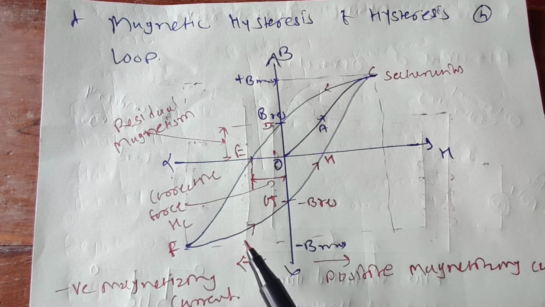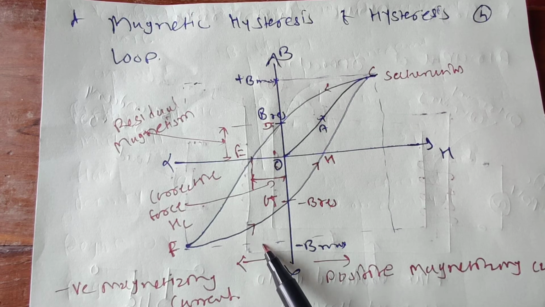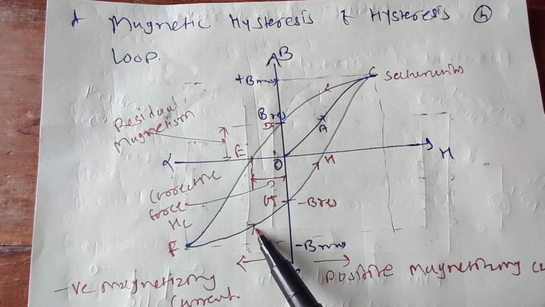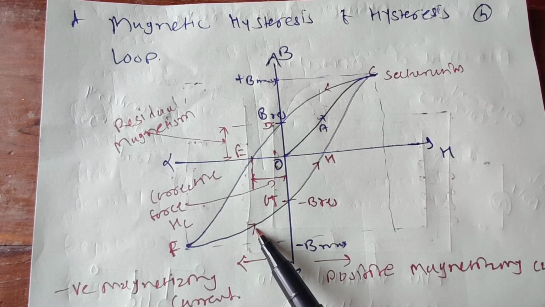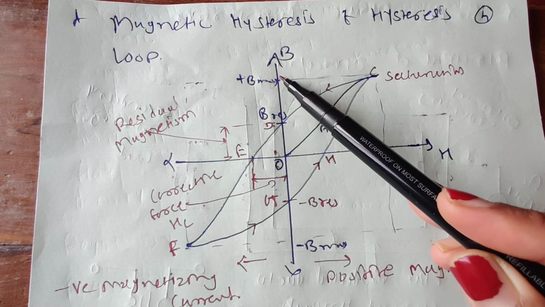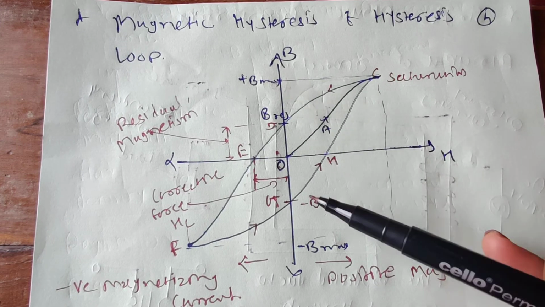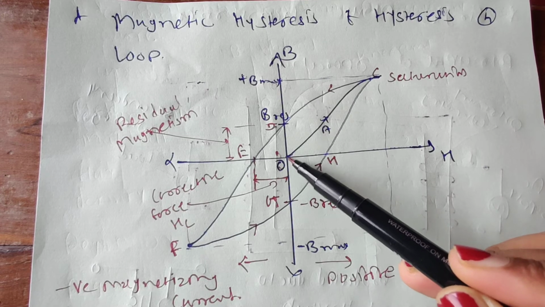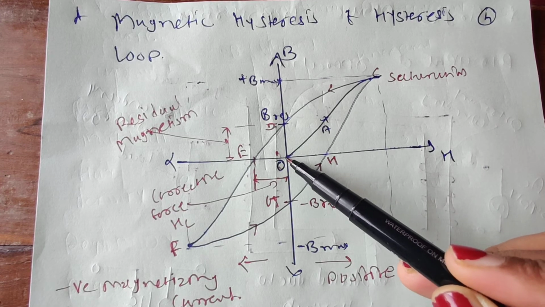Now in this hysteresis loop, note that the value of the magnetic flux density B is not 0 when the current I is 0.